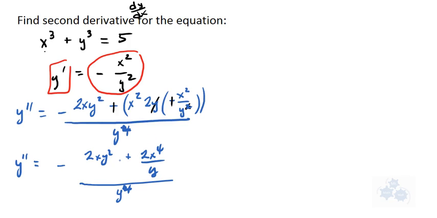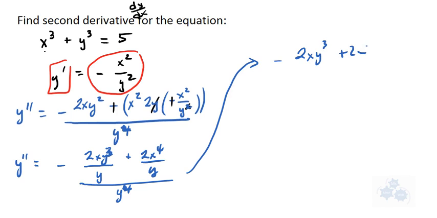So, in order to fix this, look at what we have to do. We have to get a common denominator up top. So I'm going to multiply y over y on this one, so that we have a y on the bottom. And when you have two fractions over y, you can just combine them up front. So this is still a negative out front, and that's going to be 2x y cubed plus 2x to the fourth, all over y to the fourth.